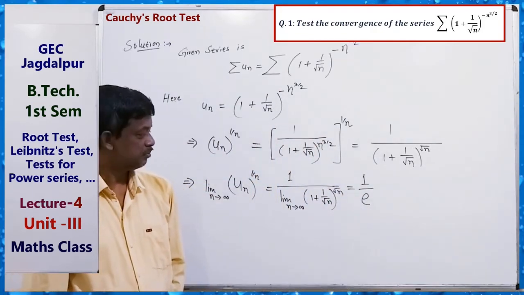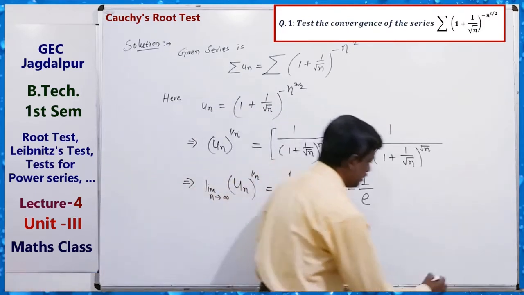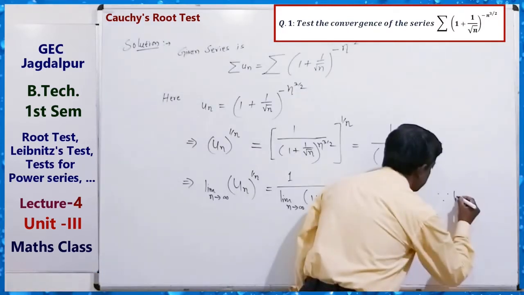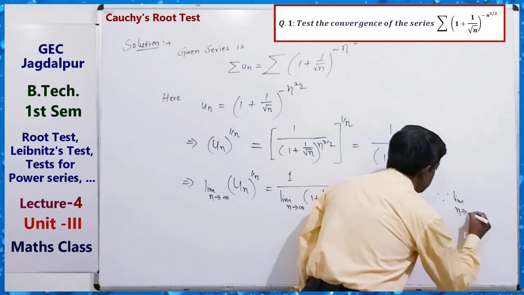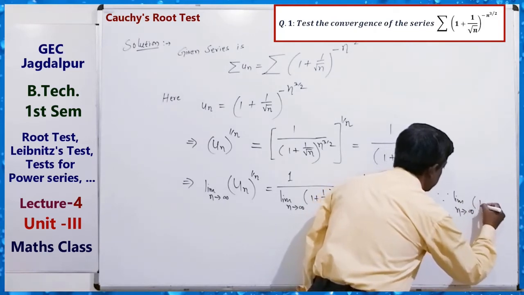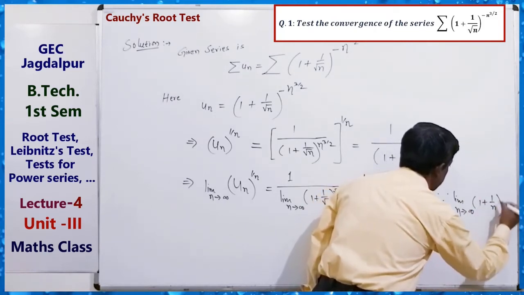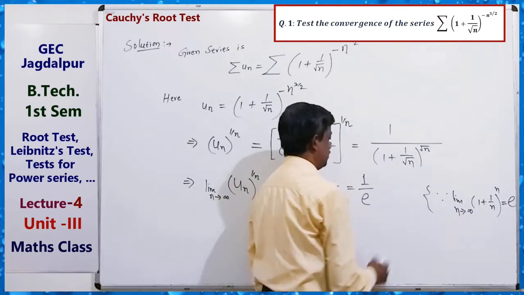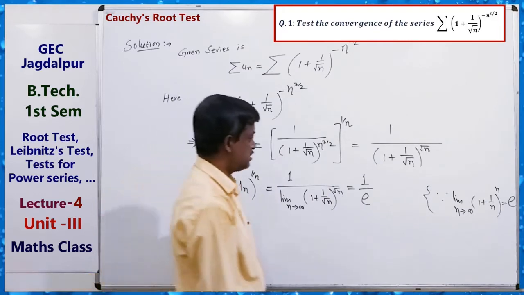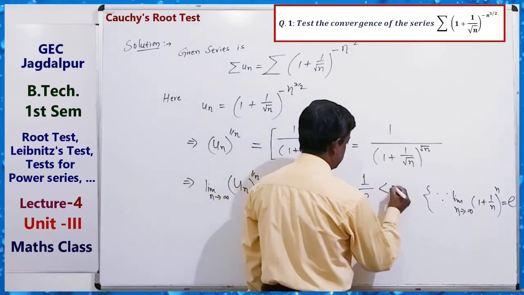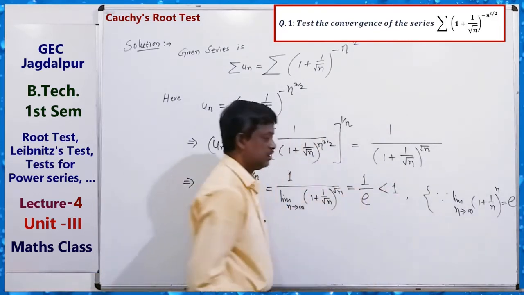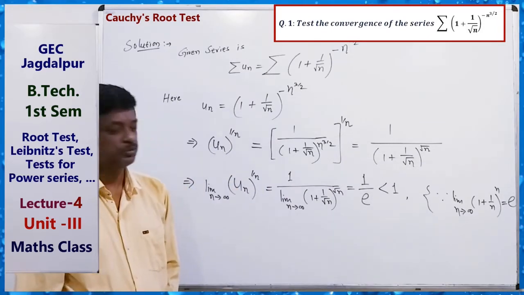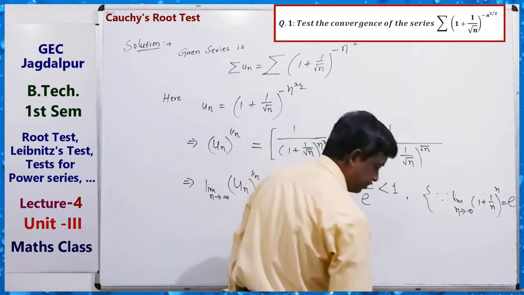Because we know that the limit as n tends to infinity of 1 plus 1 by n, to the power n, is e. And this is less than 1, because e is greater than 1, so 1 by e is less than 1.